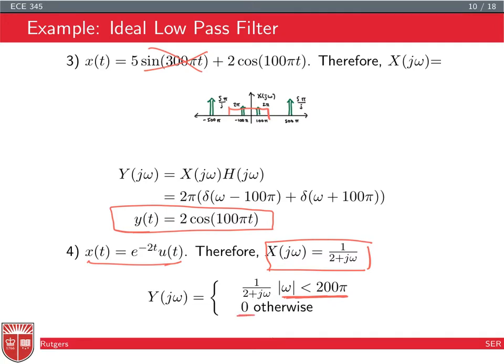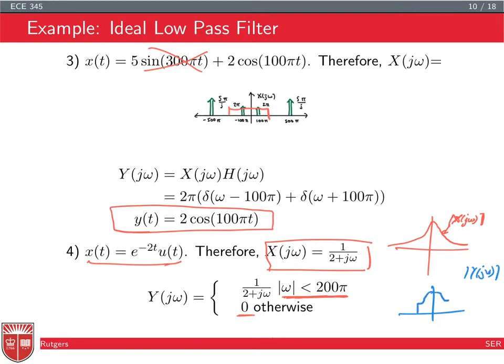If I want to draw the magnitude here, if I'm remembering correctly, the magnitude maybe looks something like this, because when omega goes to infinity, this should go to 0, right? So this is the magnitude of X of j omega. When you multiply it by the filter, the output Y of j omega, at least the magnitude of it, is going to be something like this.